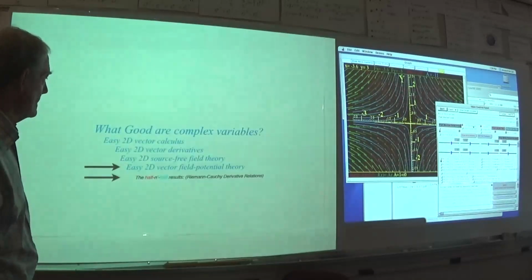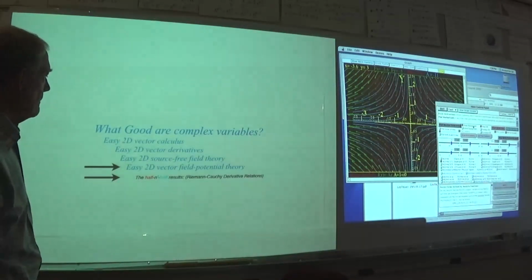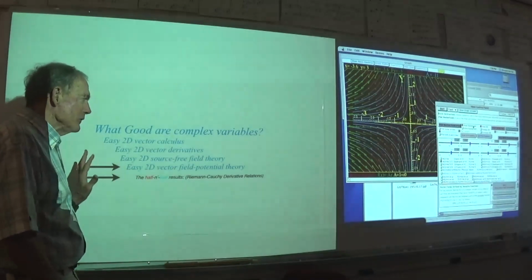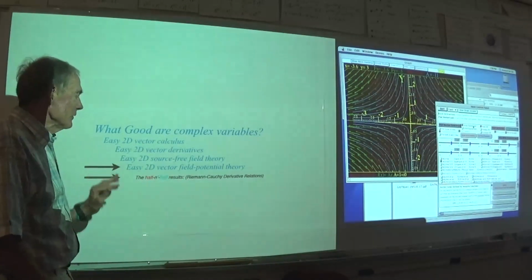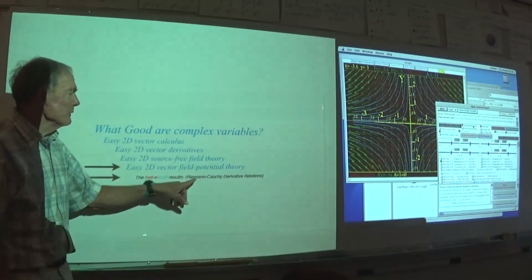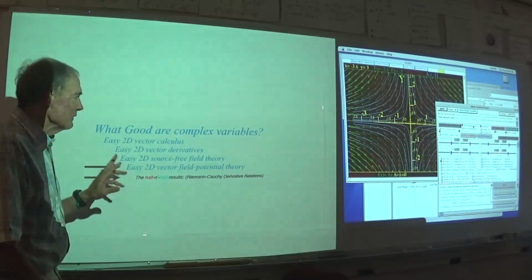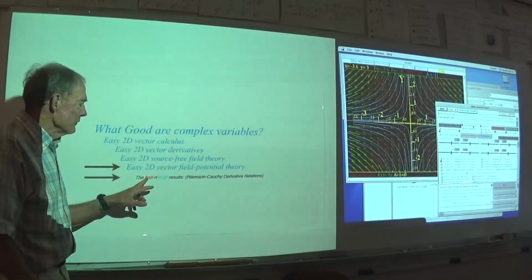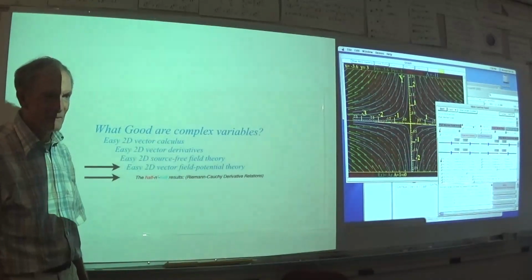Okay, now, as I say, this vector field potential theory is an easy way into that sort of mathematics. What I want to show you now, and this is Riemann-Cauchy coming up here, are the derivative relations of Riemann and Cauchy. I call it the half and half results.